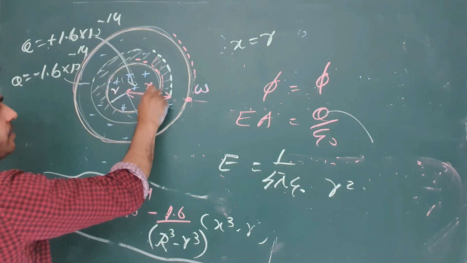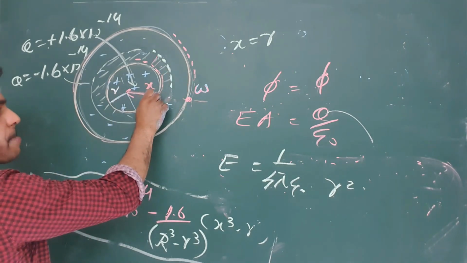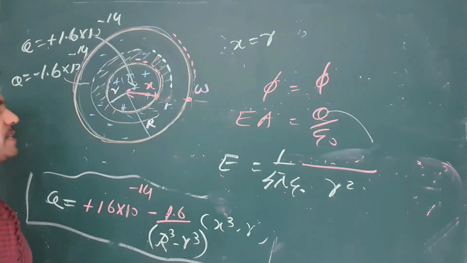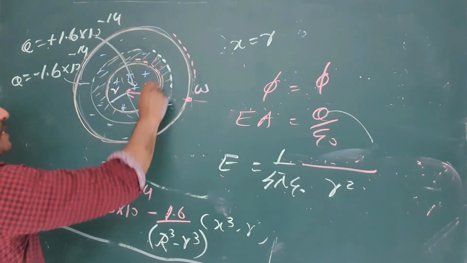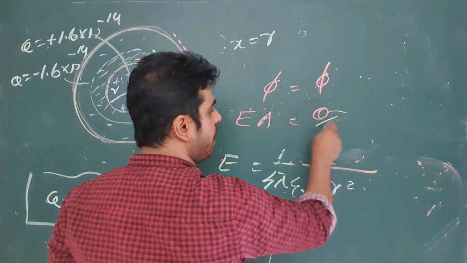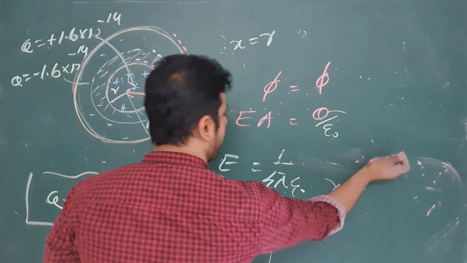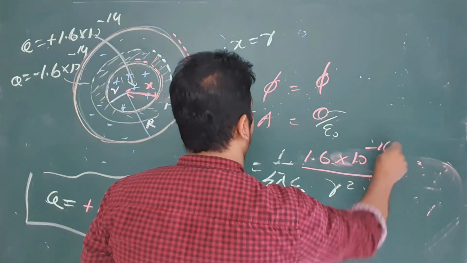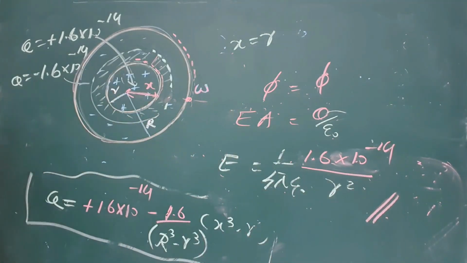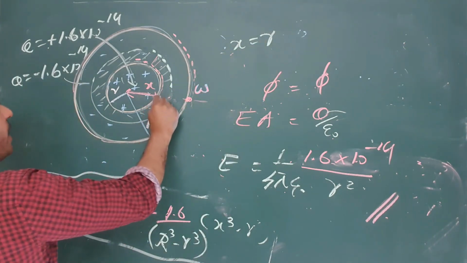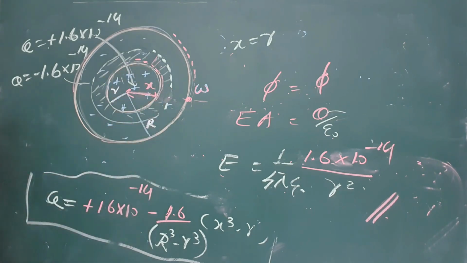Now x is here, it stops here. Now again you have to take only the positive charge inside the Gauss surface. So finally it gives positive 1.6 into 10 to the power minus 19. Now this is the method to find E when x equals r, I mean when the point lies on the first surface.